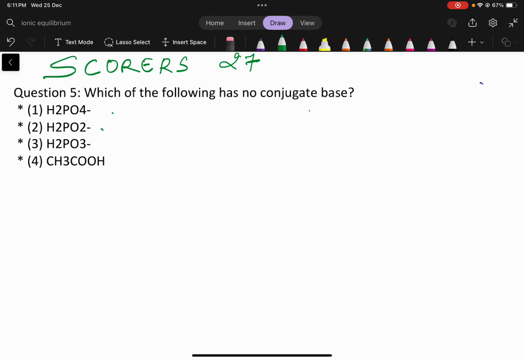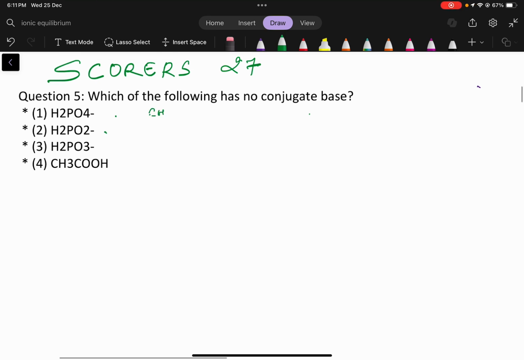We will analyze option number 4 first, that is CH3COOH. This is acetic acid. Now, as you are all aware, a conjugate base is formed when an acid loses a proton, that is H plus, right? For example, here it is acetic acid.